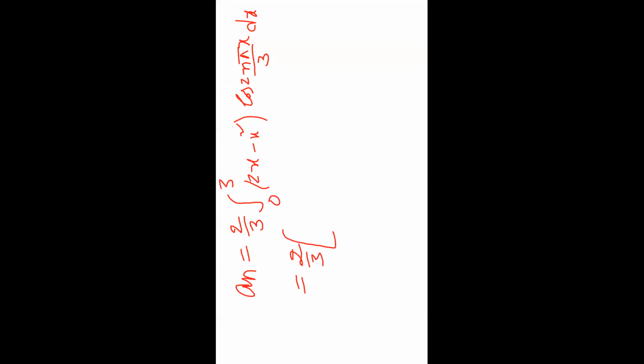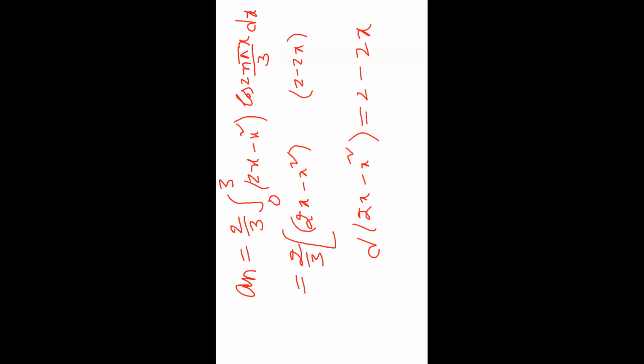Open the square brackets. In the first order of preference, 2x minus x square, and next the derivative of 2x minus x square. Derivative of 2x equal to 2. Derivative of x square equal to 2x. So, 2 minus 2x.